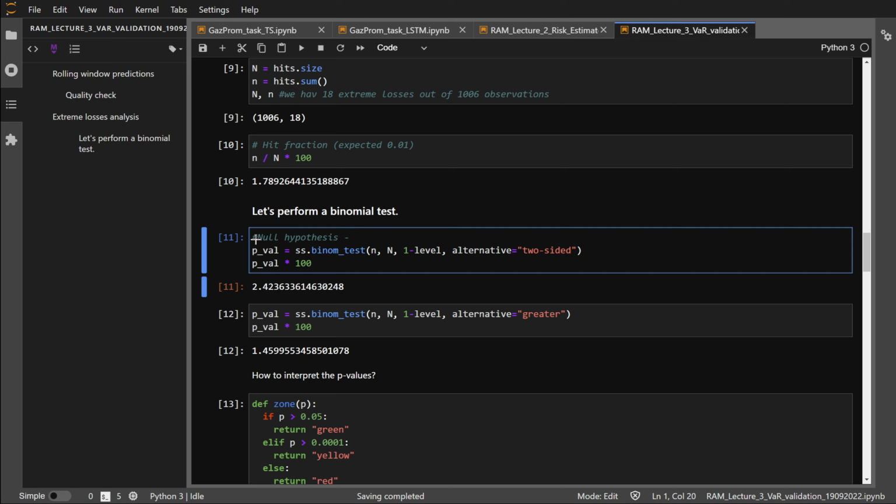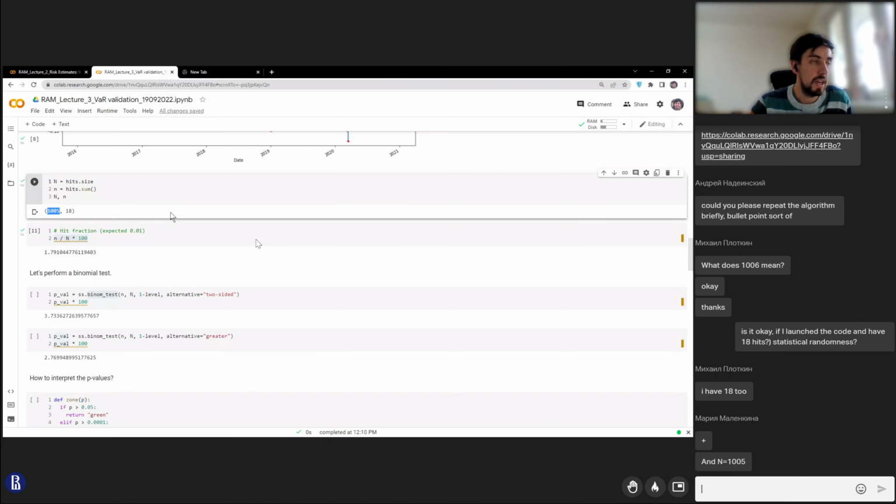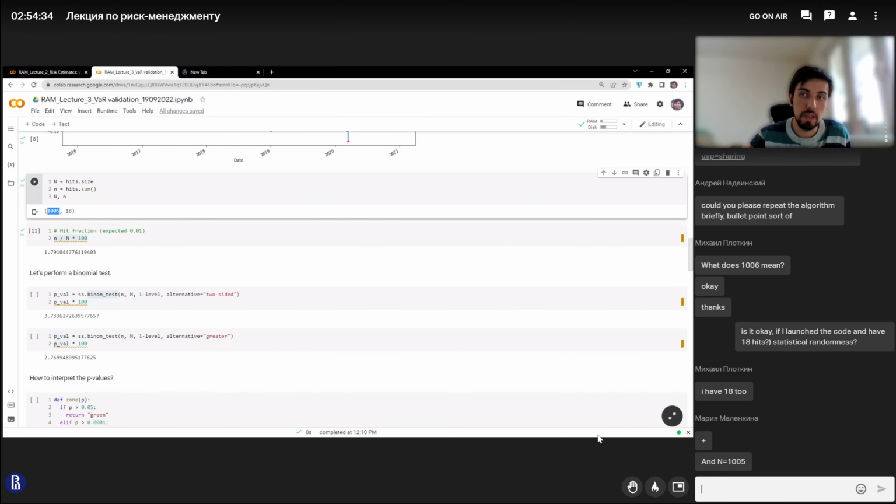So the number of hits that I observe over the sample of this size has a binomial distribution with 1005 experiments and probability of success 1%.